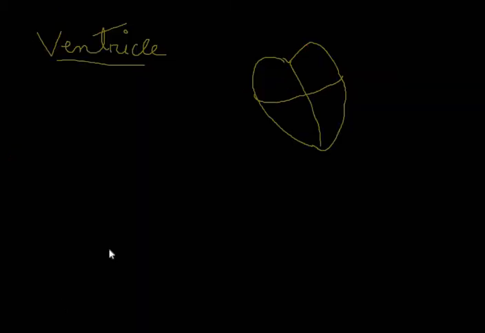Now suppose this is the human heart. The upper portion of the heart is atria and this lower portion of the heart is called ventricle, and this is the right side of the human heart and this is the left side. Atria present at the right side is called right atria, and atria present at the left side is called left atria.